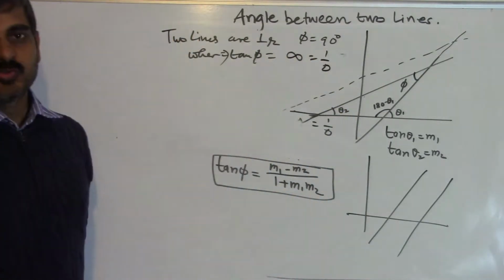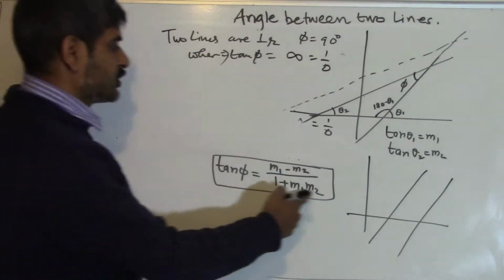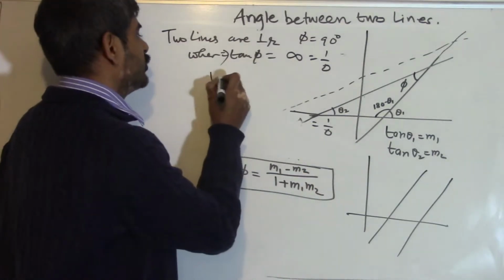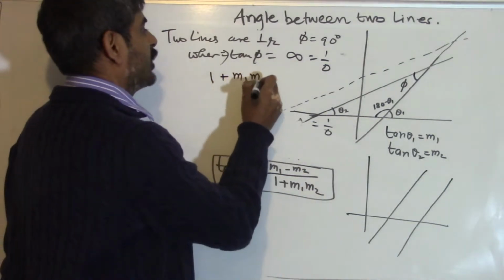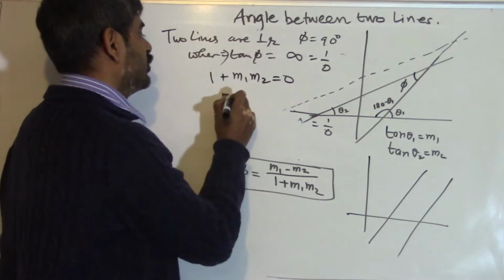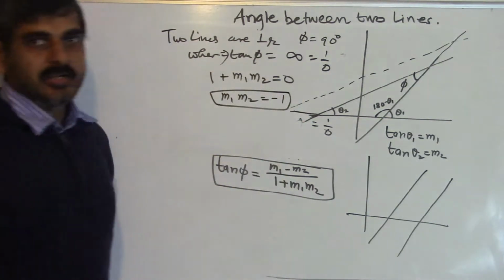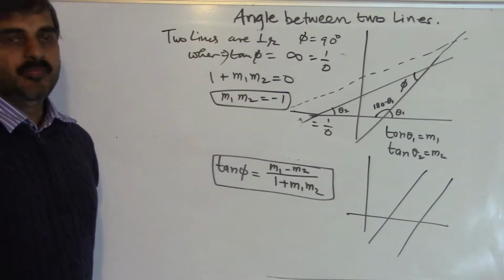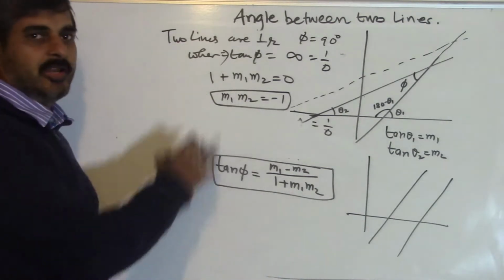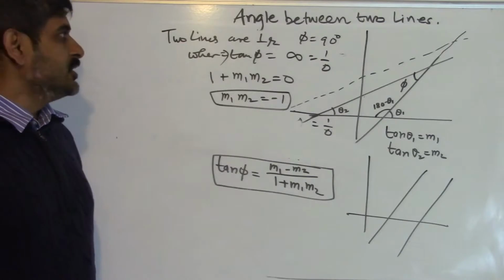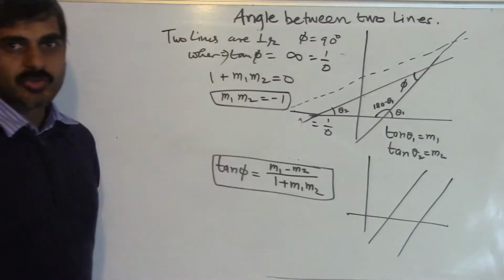And this is possible only when the denominator is going to be 0, or 1 plus m1 m2 is equal to 0, or m1 m2 is equal to minus 1. This is the condition you will be using very often, so you will need to memorize this one for the condition of the two lines to be perpendicular.